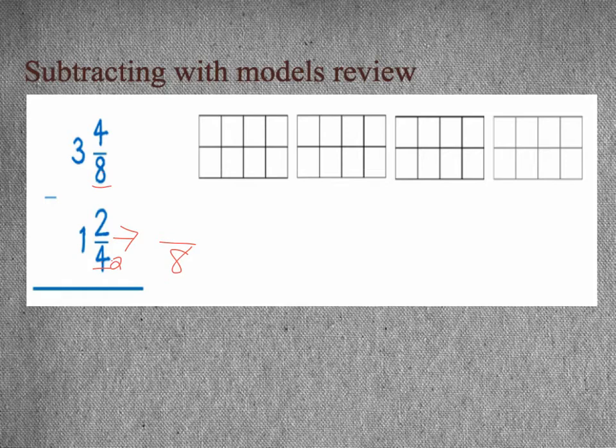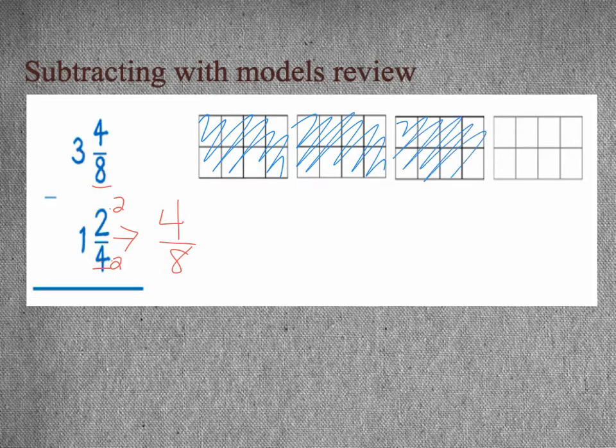4 times 2 gives me 8, and then remember that rule. Whatever you do to the bottom, you have to do to the top. So 2 times 2 equals 4. So now that I've renamed it 3 4/8 minus 1 4/8, let's use our models. I'm going to shade in here 3 wholes and 4 out of the 8 parts.